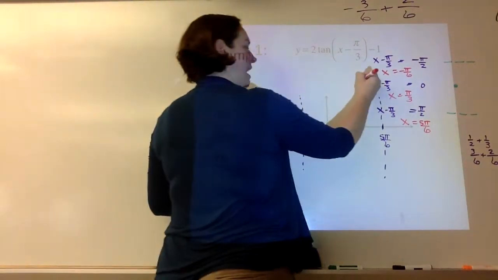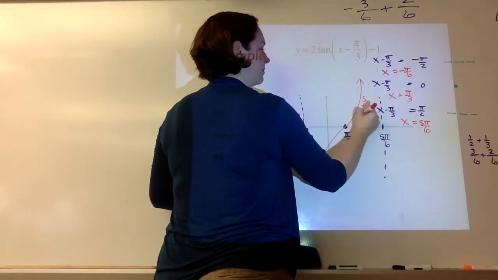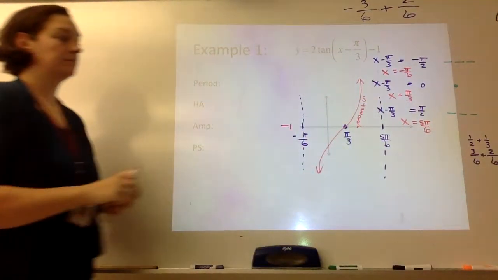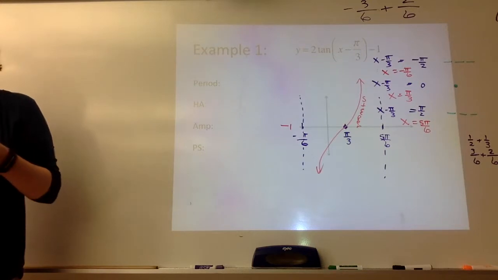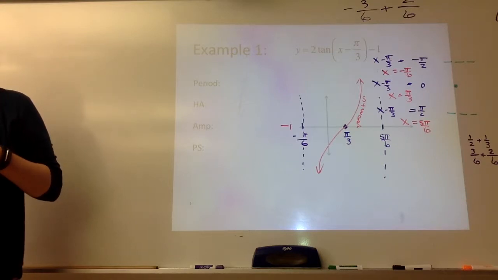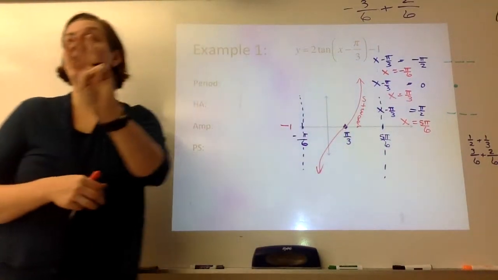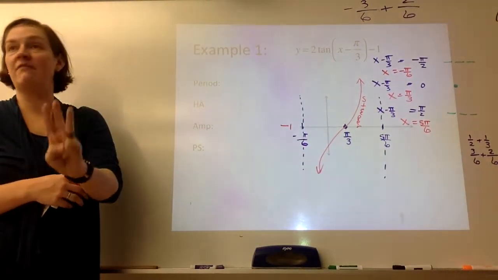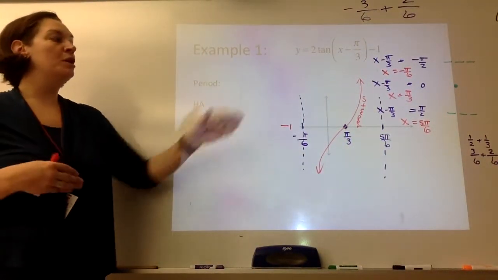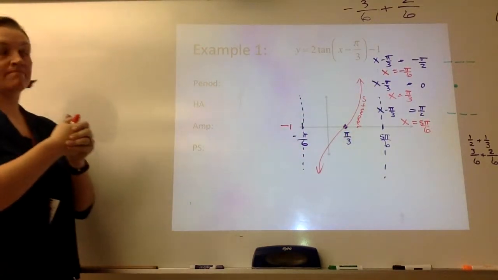So I can go ahead and graph this, and I can simply say that this is steeper, so it looks like regular old tangent. Okay? This is kind of the new process: number 1, knowing there are only 3 key values, but number 2, knowing whether I'm plotting points or asymptotes.